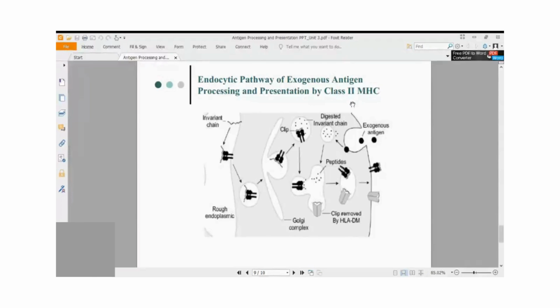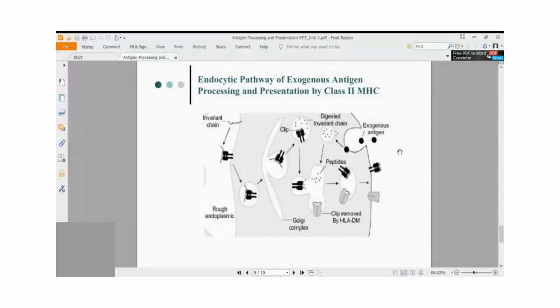And without the presentation of antigens on class 1 and class 2 MHC, immune response cannot take place. You can understand the genetic deficiency where the genes for expression of class 1 and class 2 MHC are not present.